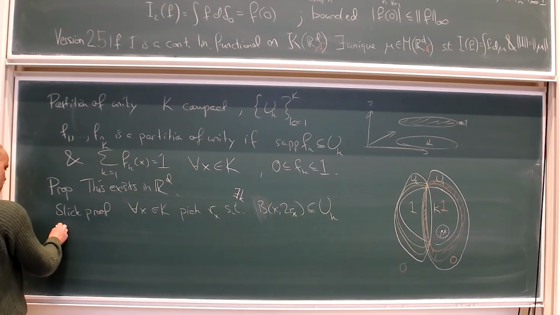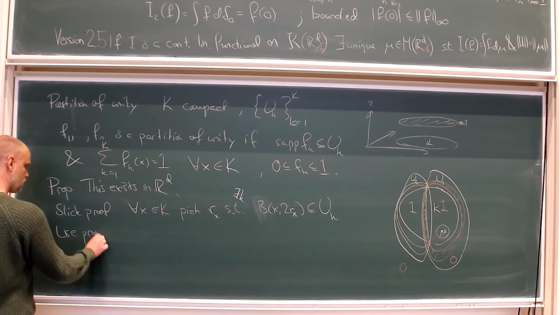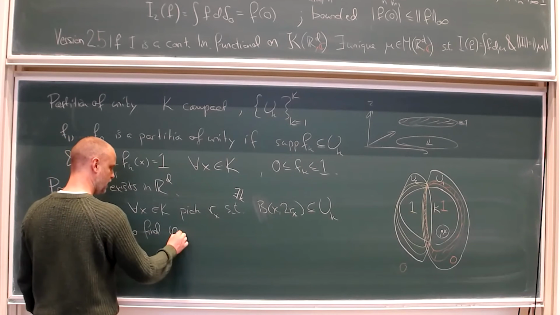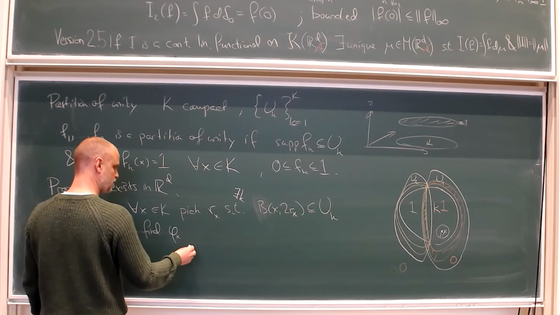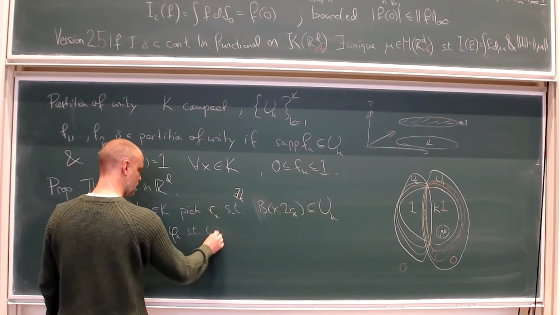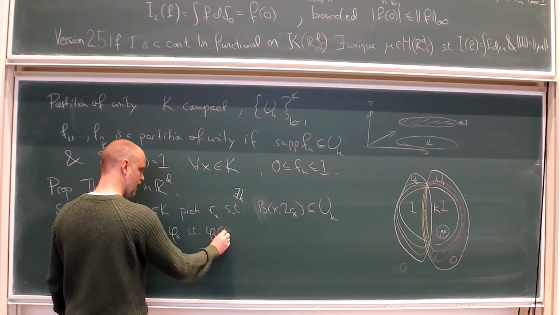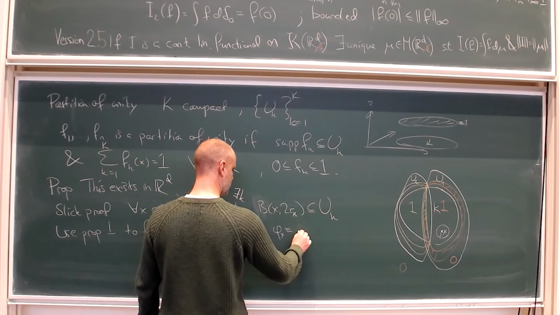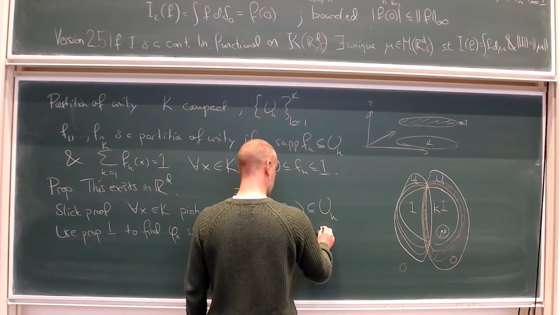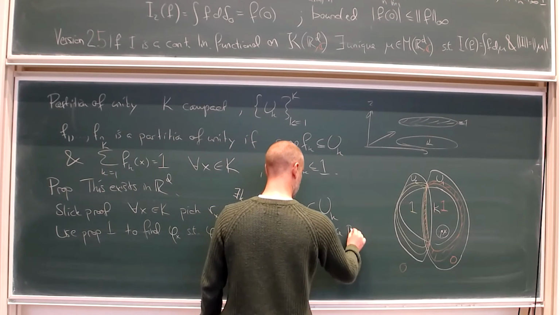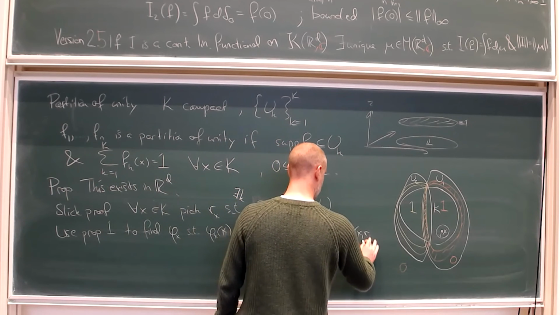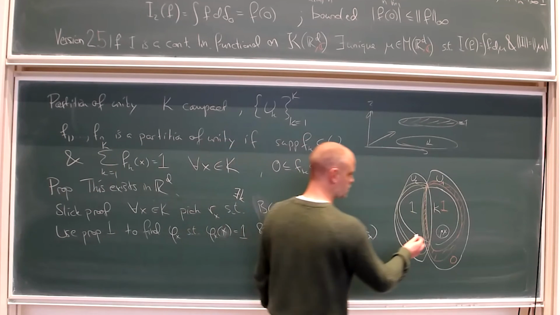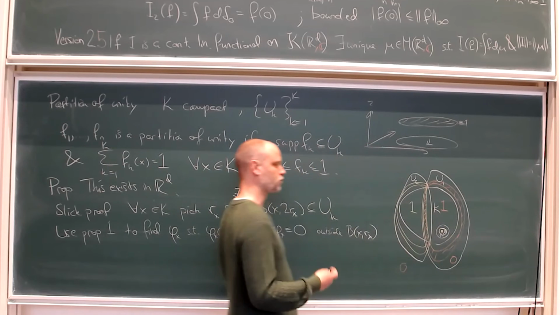So instead we use proposition 1 to find phi x, a function, such that phi x at x is equal to 1, and phi x is identically equal to 0 outside the ball with center x and radius Rx, so not 2Rx. I just take a smaller ball here and force it to be 0 there.